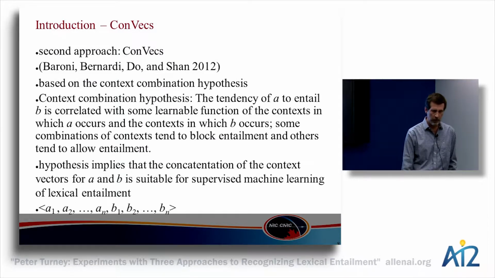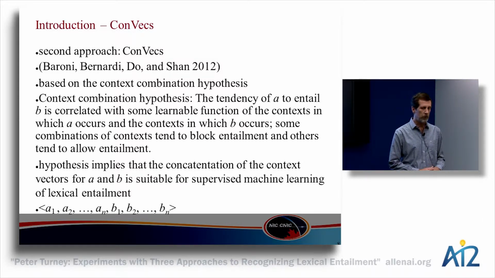The second approach and the third approach take a different view. The second and third approach view this as a relation classification problem. So you have a pair of words A and B, and they have a certain kind of semantic relation between them.